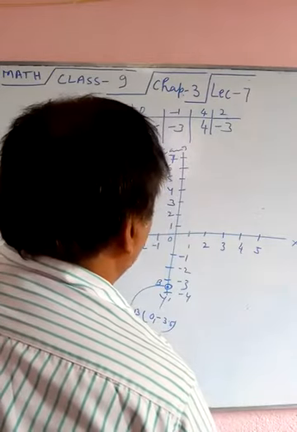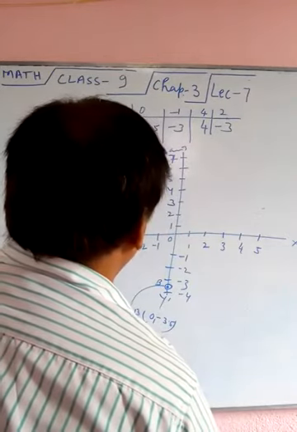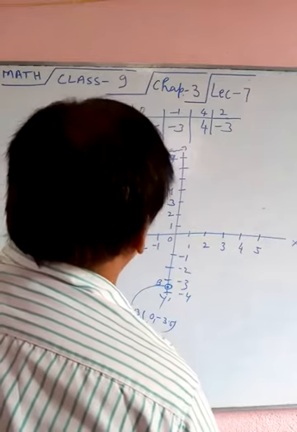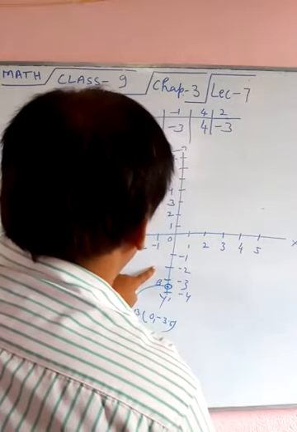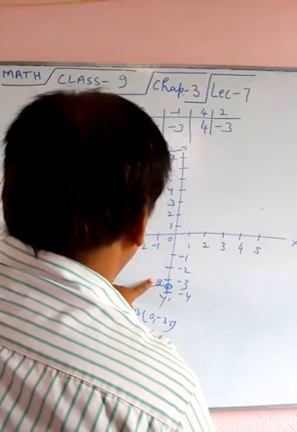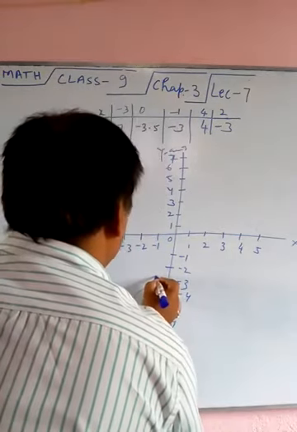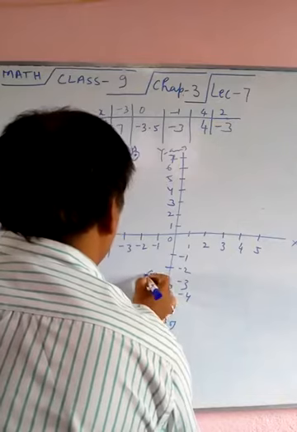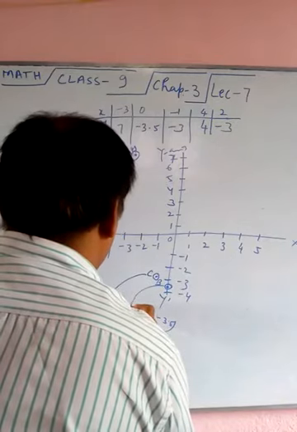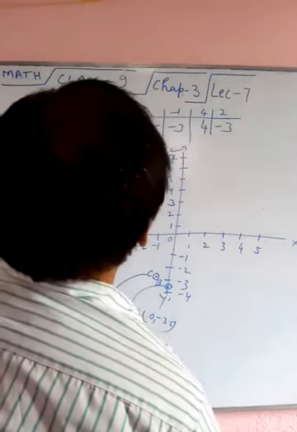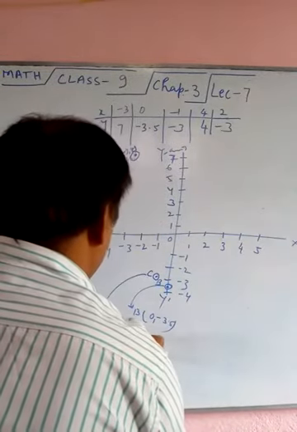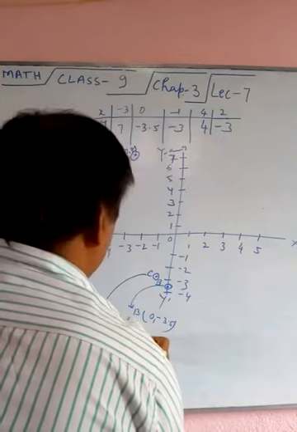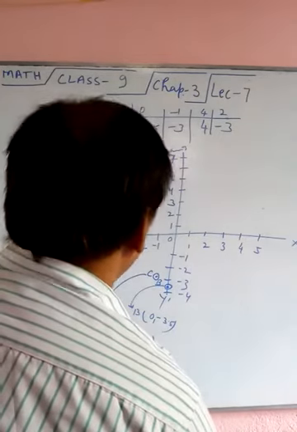So on the negative of the x-axis -1 is there, and we will go down on the y-axis till -3. So next point is C. So this is C, and C coordinates are -1, -3.